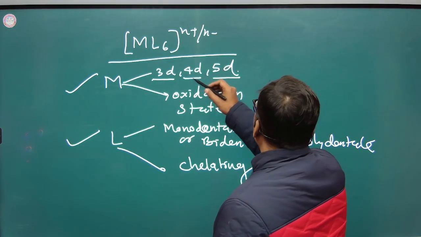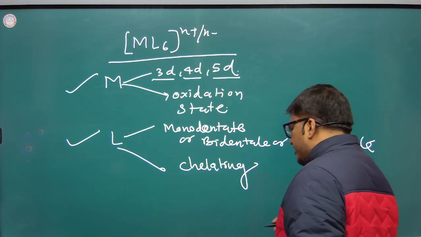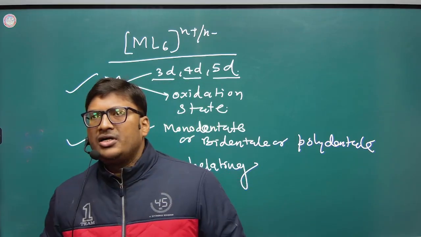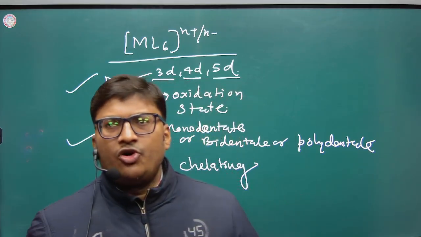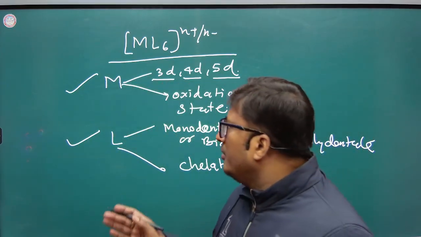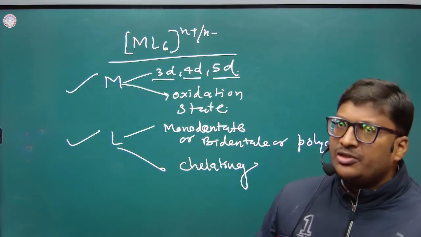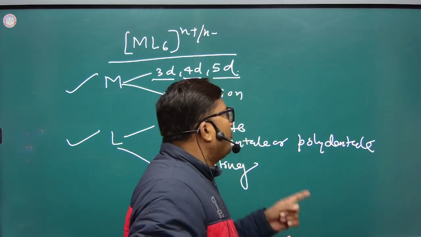This 3d, 4d, 5d means we are talking about transition series. Transition metals are found in the 3d series, 4d series and 5d series.